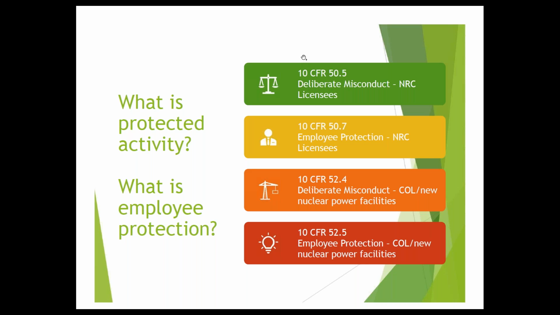And then 10 CFR 50 sections 5 and 7 outline the definitions and the requirements behind deliberate misconduct, what that means, how that looks, and employee protection. So if you want more detail, there are lots and lots of pages in the CFR around these topics, but that's the foundational material you need to understand as your textbook when you're trying to determine the nexus of employee protection with protected activity.